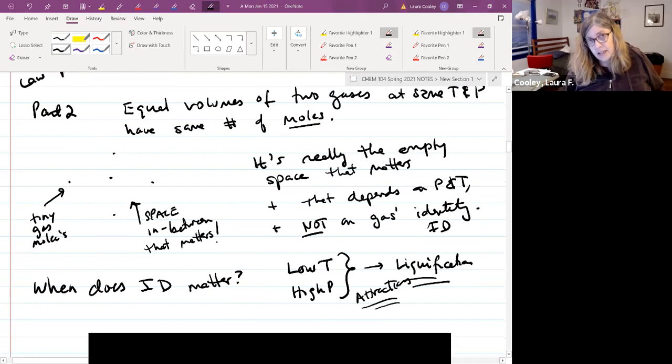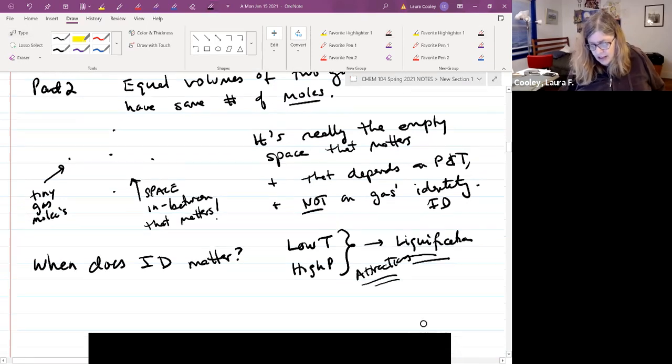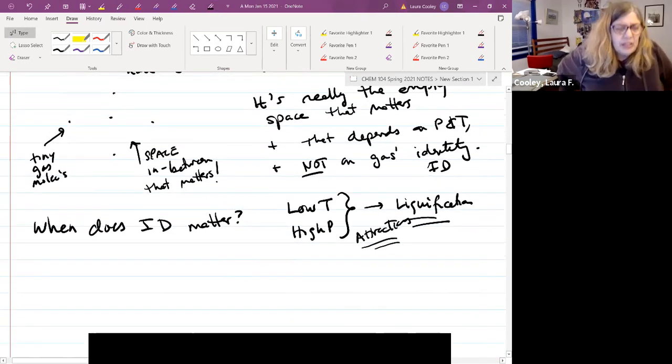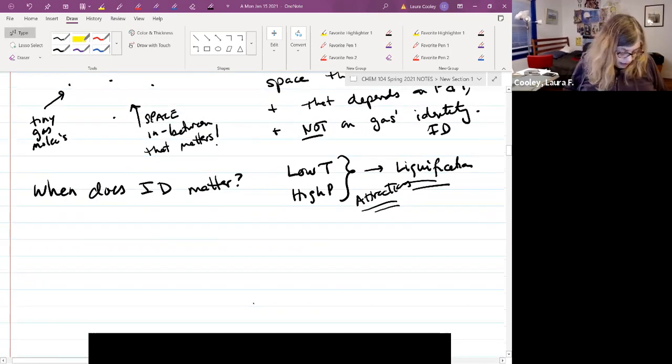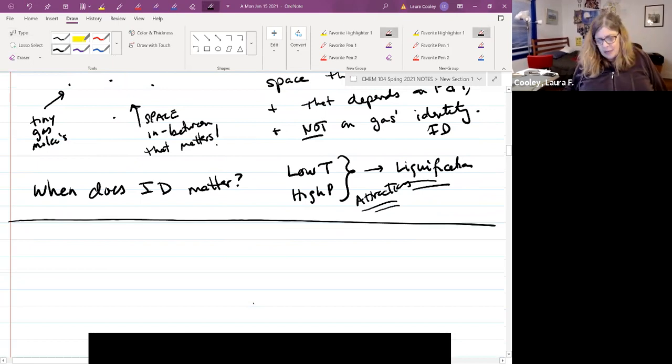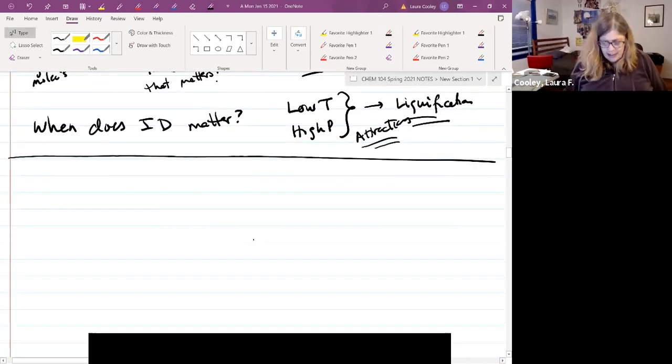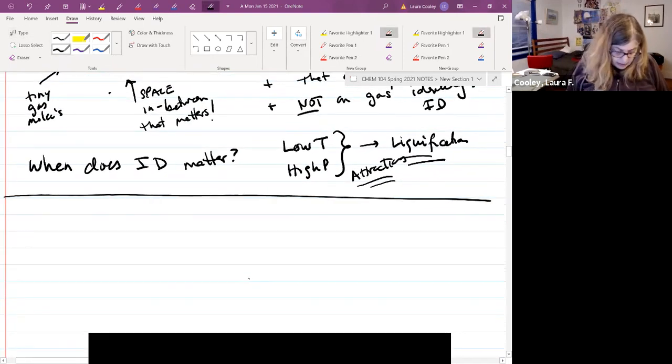And the details of the structure of each of those gas molecules is going to determine whether the interactions are strong or weak or whatever they are. And we'll learn about that in the next unit. But identity does not matter right here. So that's a good thing to keep in mind. And we'll get back to that in one of the problems that I'll get to in a minute.